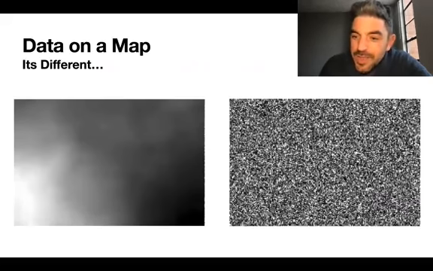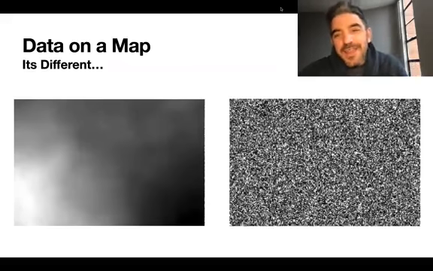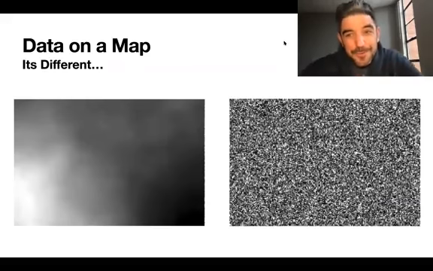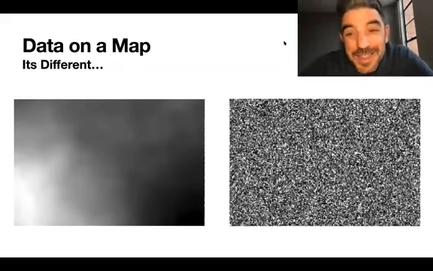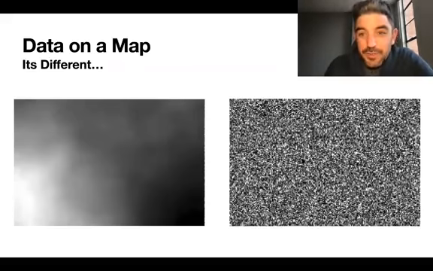I think it's important to realize, though, that spatial data, or data on a map, is not always the same as regular data. Aside from the unique ethical challenges that locational data can create, there are also just some things to be aware of with spatial data. Here we're looking at the exact same data set displayed two different ways. The data set on the right, which looks like static from an old analog television, contains the exact same data as the image on the left.